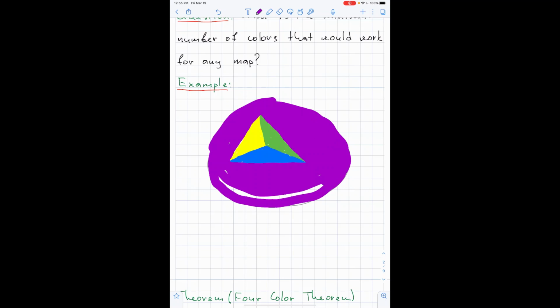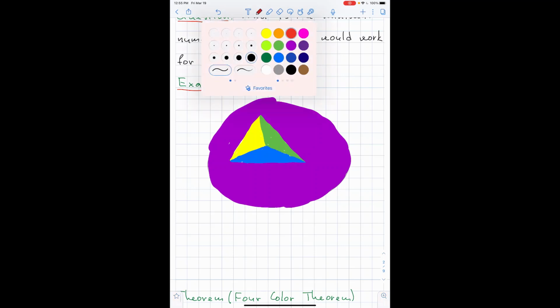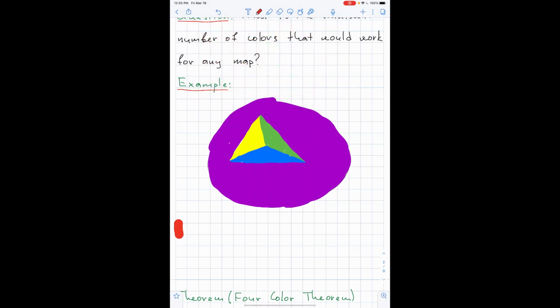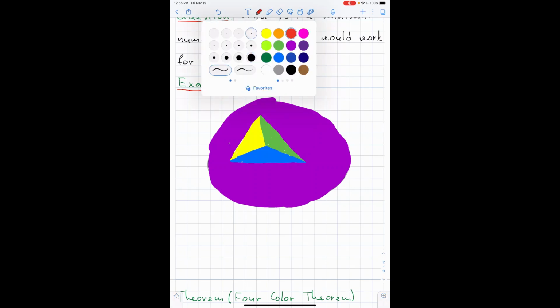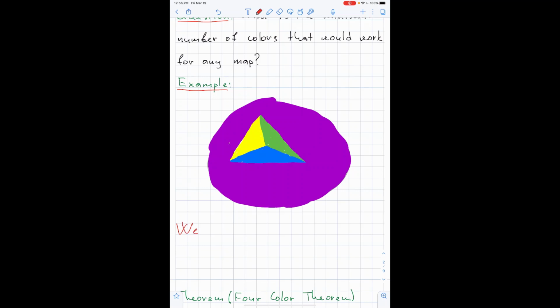All right, so yeah, we need at least 4 colors for this particular map. So that means that the answer to our question has to be at least 4 colors.